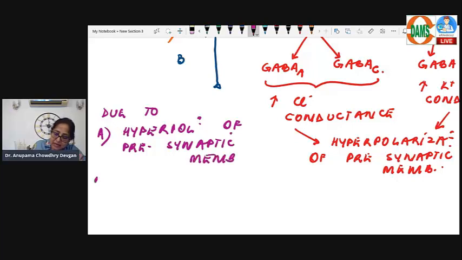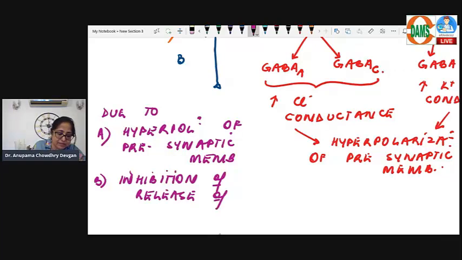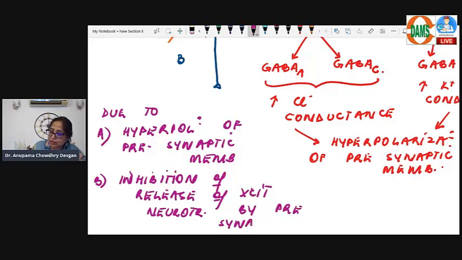Or B, is it due to an inhibition of release of excitatory neurotransmitter by the presynaptic membrane?